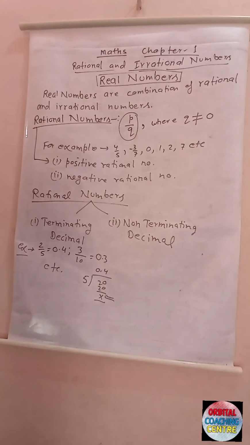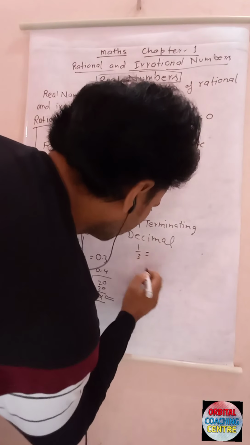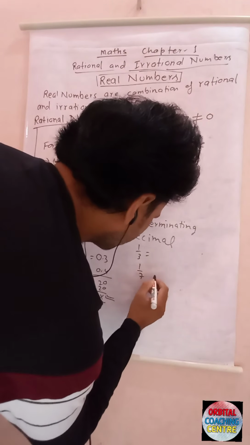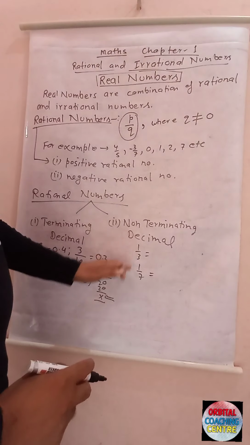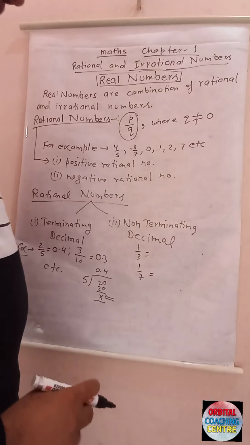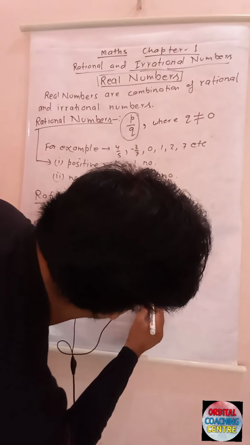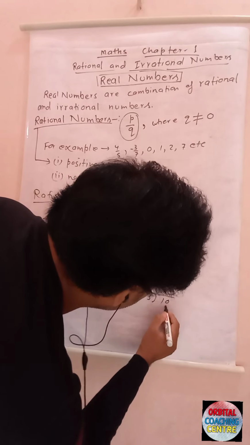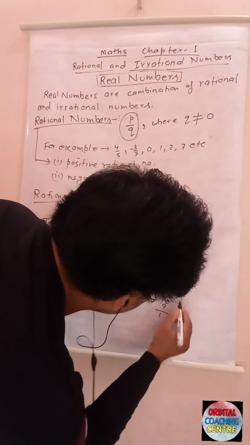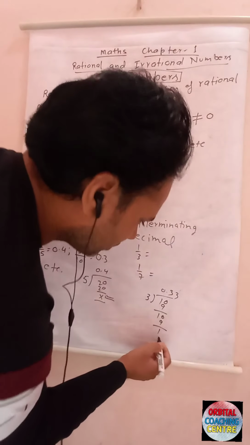And for non-terminating decimals, look here: 1 upon 3, 1 upon 7. These are examples of non-terminating decimals, because when you divide 1 by 3, 3 3s are 9, it will not end.